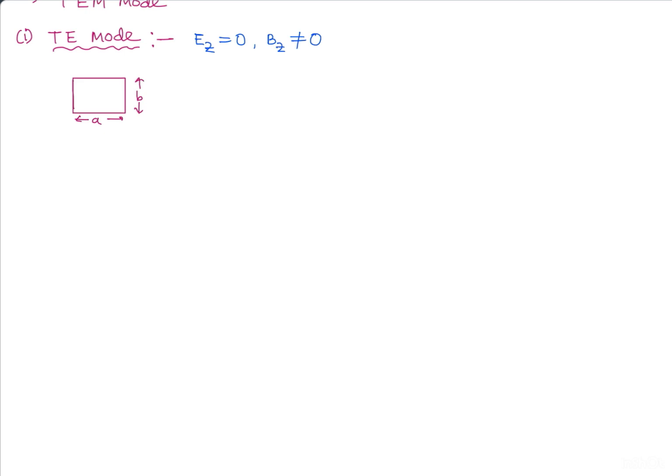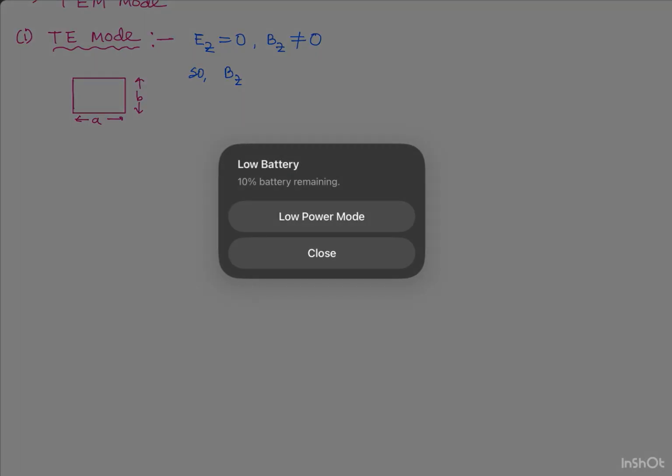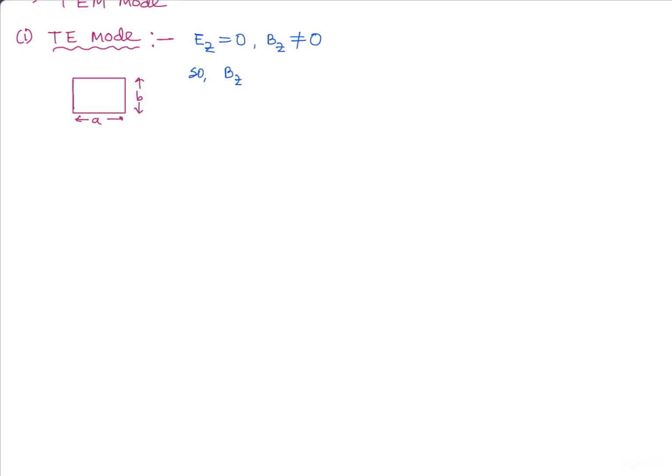So Hz equal to B0 cos(m pi x by a) cos(n pi y by b).